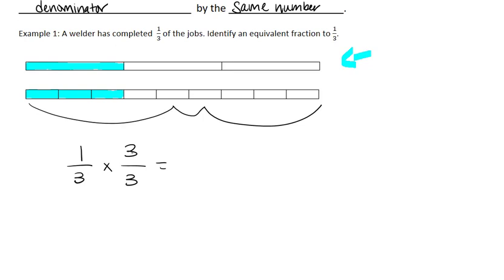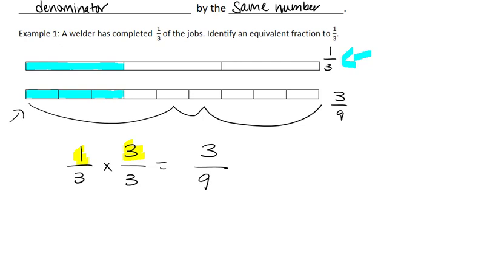So 1 times 3 is 3, and 3 times 3 is 9. So the new fraction is 3/9, and the original is 1/3. But as we can see by looking at our visual, they mean the same value, we just write it differently.